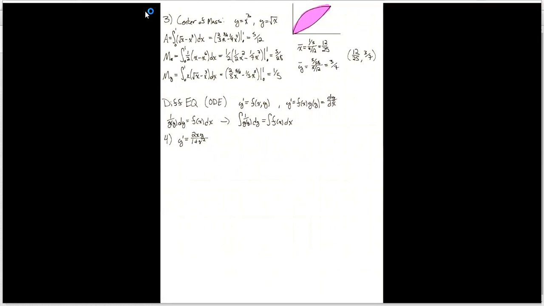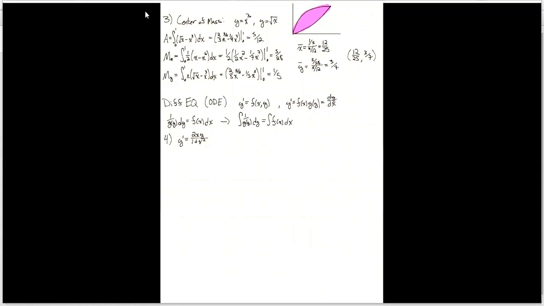All right, so what we can do is start with finding out if we can separate these, and luckily we can, right? Because we've got this entity, 2x over 1 plus x squared, and that's times y.